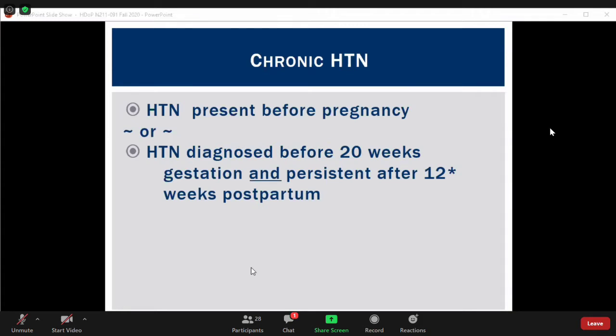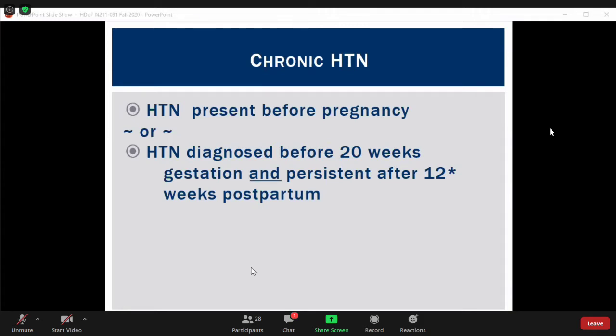So if you look at the time frame on there, it starts early and it persists after postpartum. Her body is basically telling you it was going to develop chronic hypertension even without the pregnancy. This was going to happen, okay?